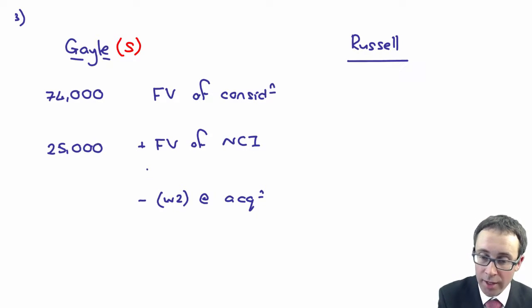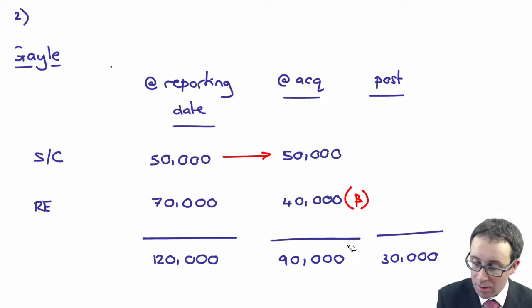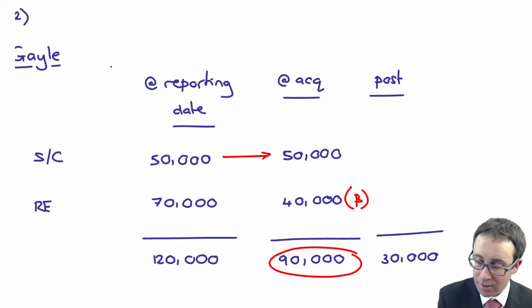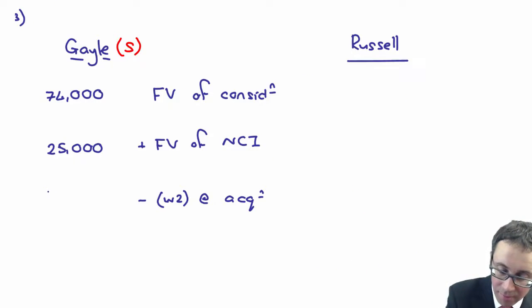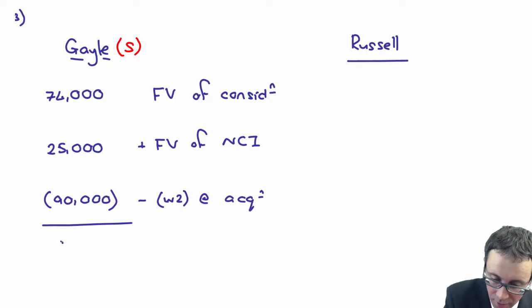The net assets from working 2 at acquisition are there as 90. So the 90 goes in there. There's no impairments. Let's not complicate it. Let's save that for revision and the exam. Does that go through there and give me 9,000?